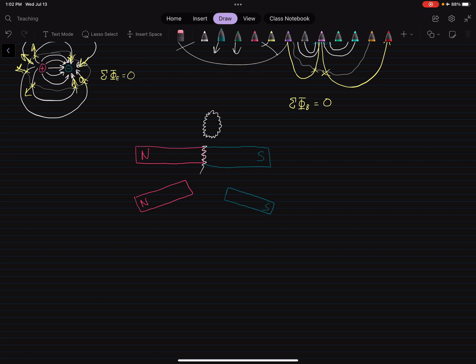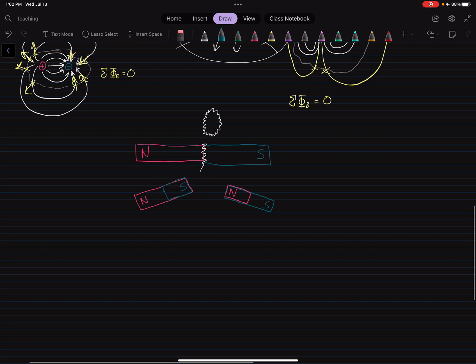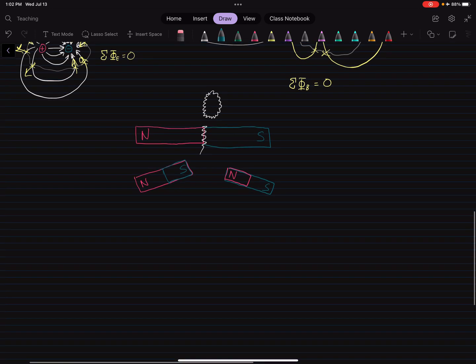But instead, you have created 2 new bar magnets. And you have a north here, and you have a south here. And so it's always just one pole is relative to the other. It's not a thing on its own. It always has to have its buddy.